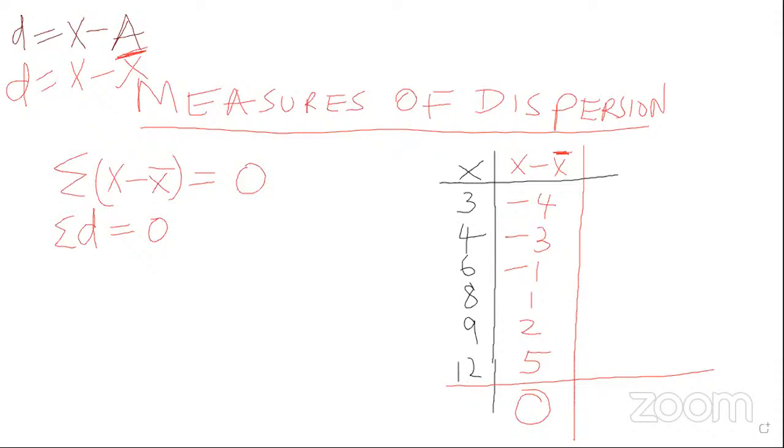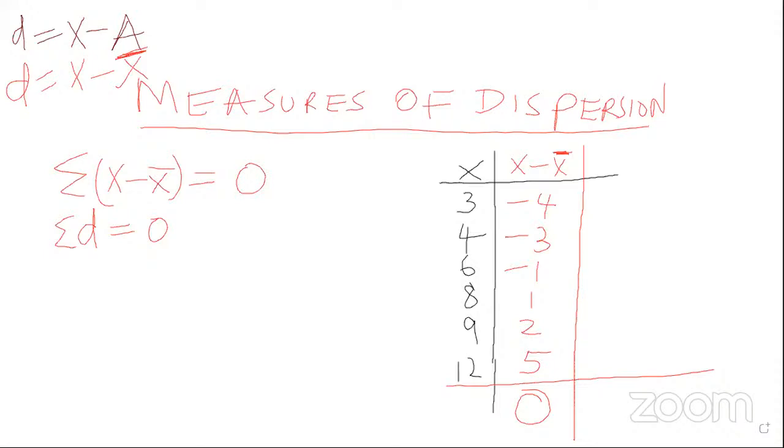However, when we get 0, that does not mean we have come to the end of the road. We should now think of mathematical approaches that can allow us to proceed with the working of the variance. So how do we proceed?